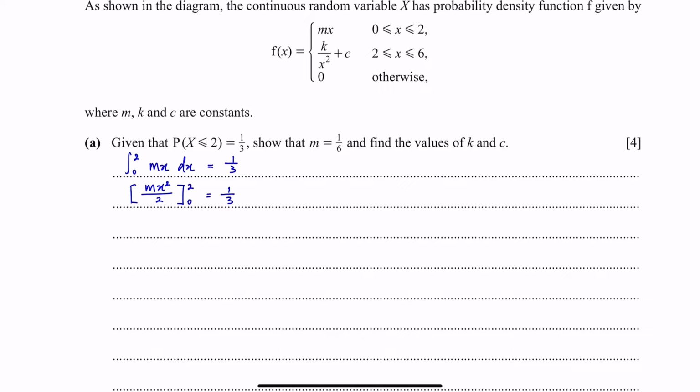Sub the values in, we would have 4m over 2 minus 0 equals to 1 over 3, and m would be 1 over 6. So we have proven this, and now we need to find the values of k and c.